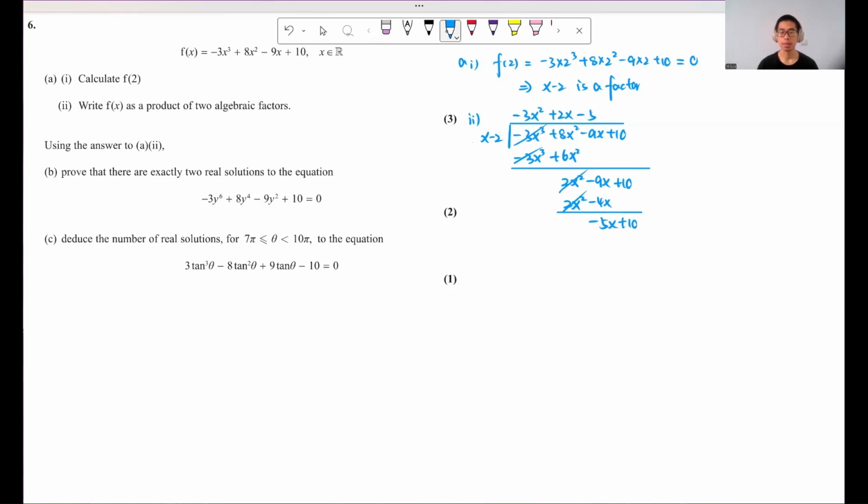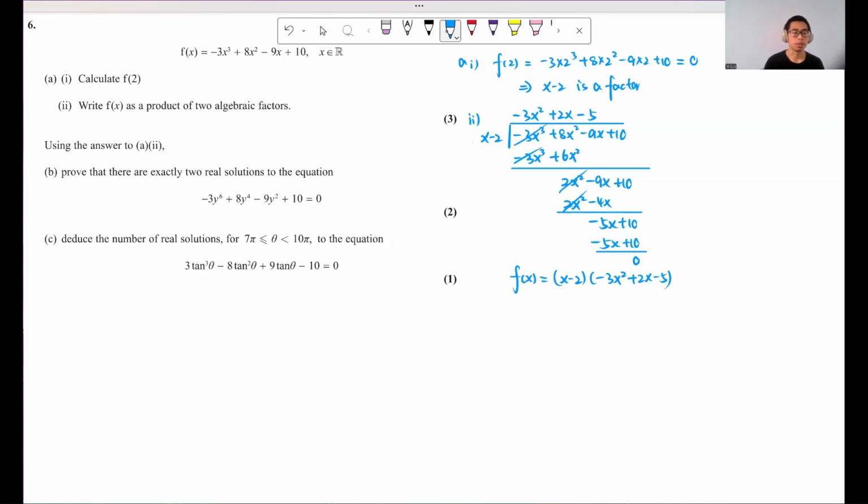So times by negative 5, we have negative 5x plus 10, with no remainder. That means the product of two algebraic factors is f(x) equal to x minus 2 as one of the factors, and the other one is negative 3x squared plus 2x minus 5.